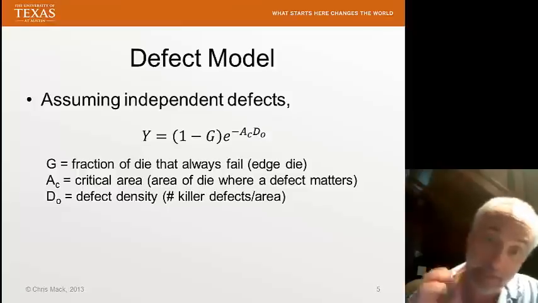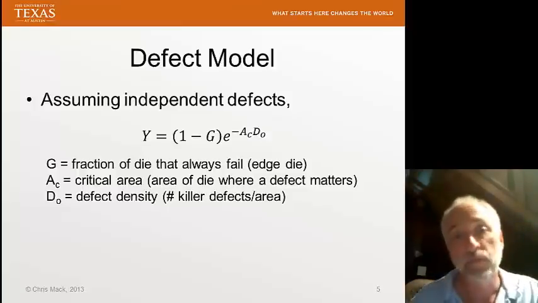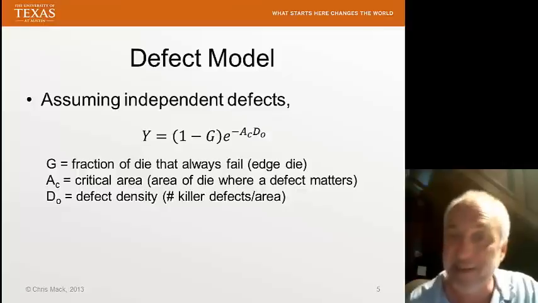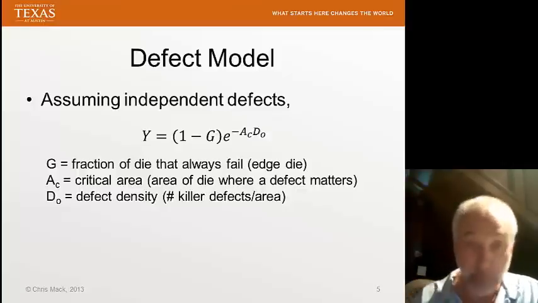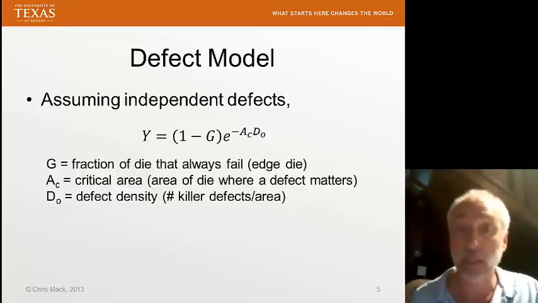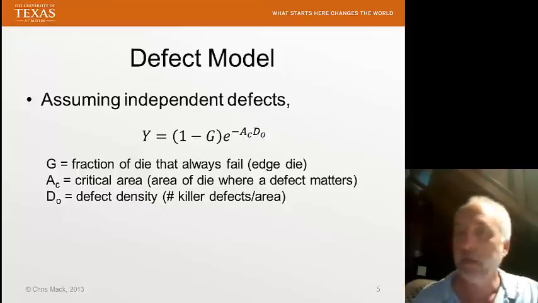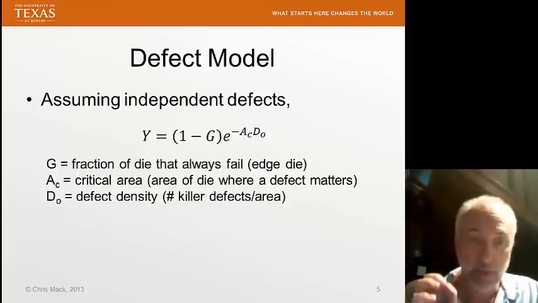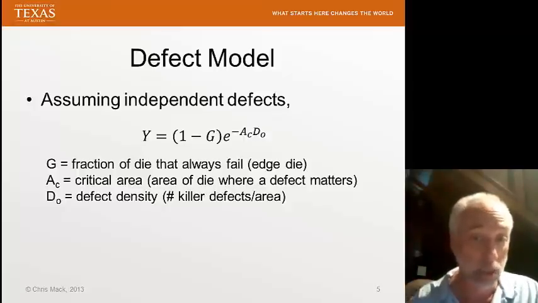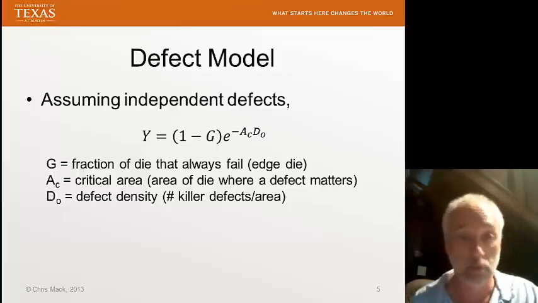Now, I say the number of killer defects because depending on the process technology, there's a certain kind of defect size that matters. If a defect gets too small, it stops being a worry. It stops causing device failure. And then once it reaches a certain size, at that size and larger, it'll always kill a device when it lands in the critical area.